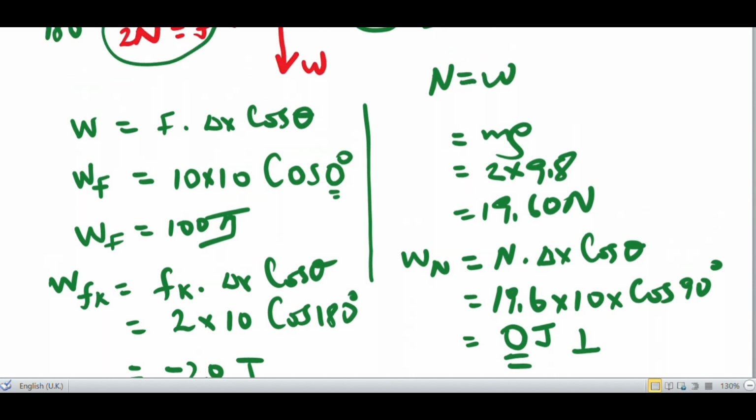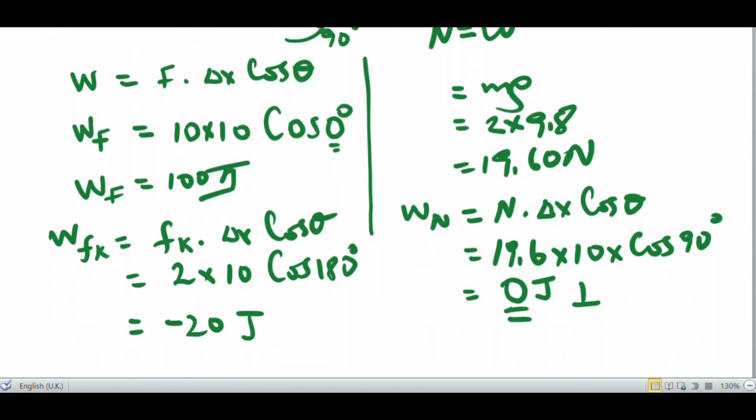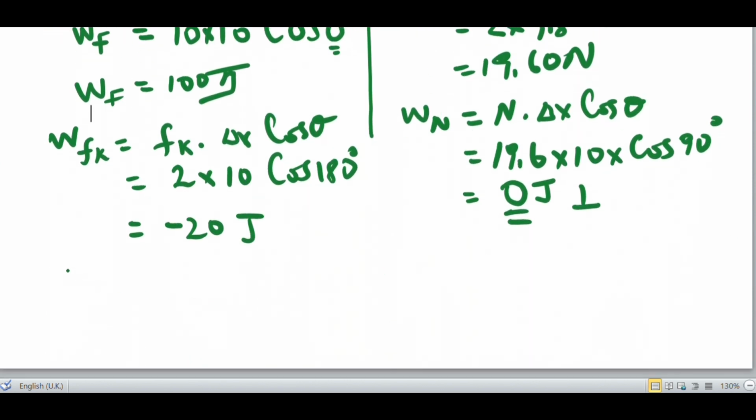Now let's calculate the work done by weight. This is the weight, this is the displacement. So there is 90 degrees here, which means for the weight the angle is 90 degrees. So the work done by the weight will be equal to the weight times delta x cos theta.